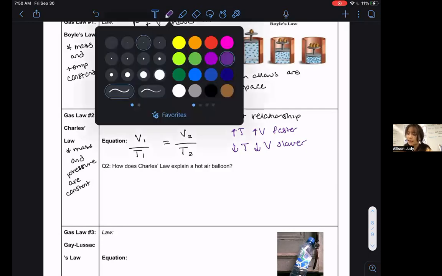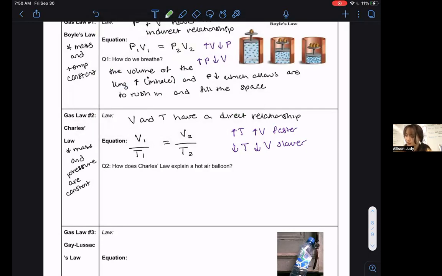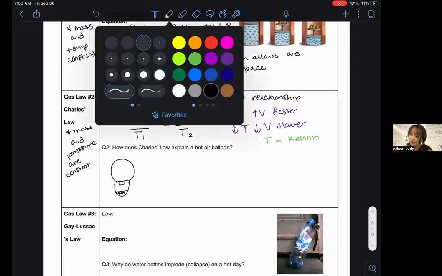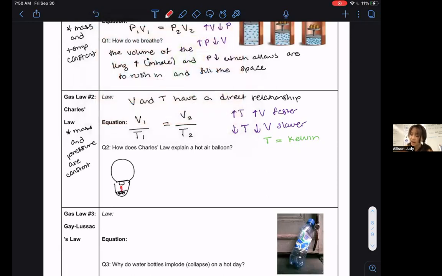Quick note, again, let me remind you, temperature is always measured in Kelvin for these gas laws. Whenever we talk about gases, you always want to measure temp in Kelvin. So how do we use Charles' law to explain something like a hot air balloon? Remember, with a hot air balloon, you have a balloon, and a little basket, and you have fire. You have a lot of heat.